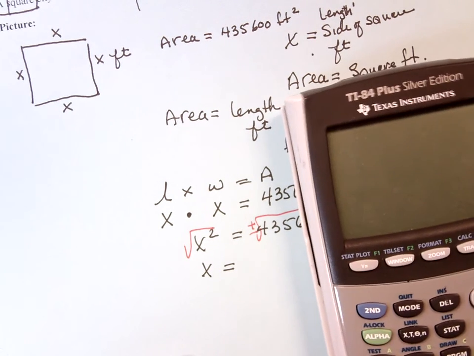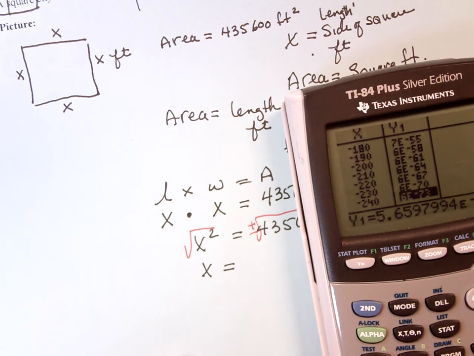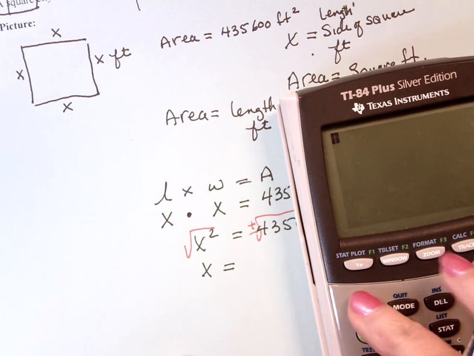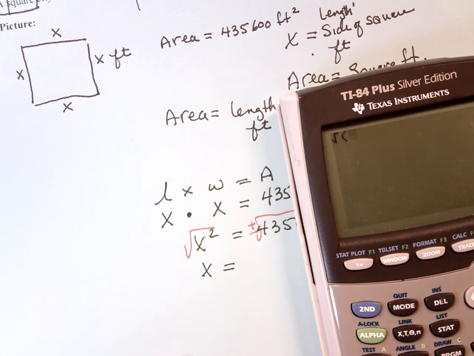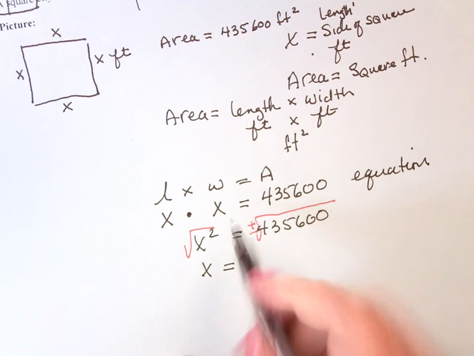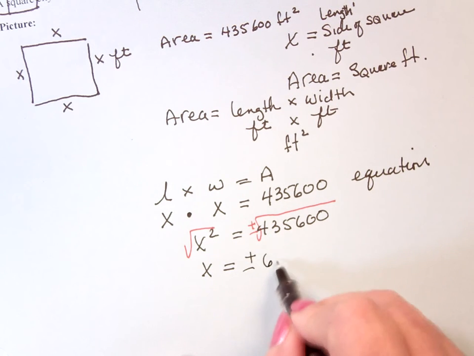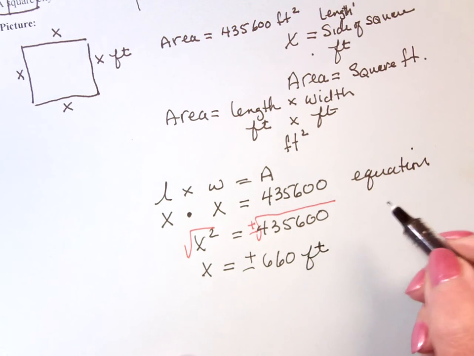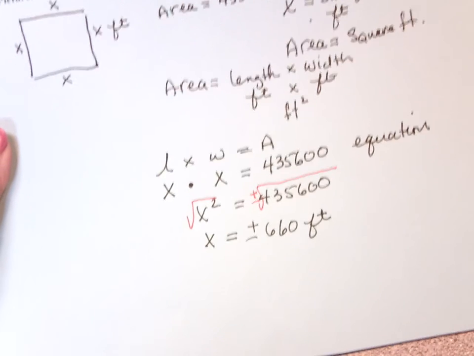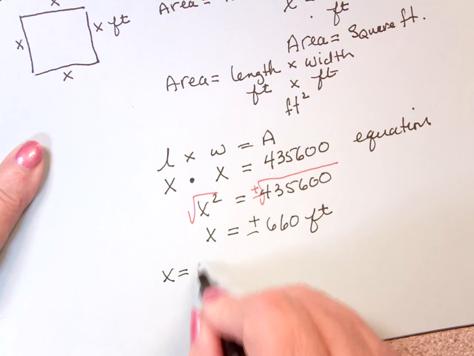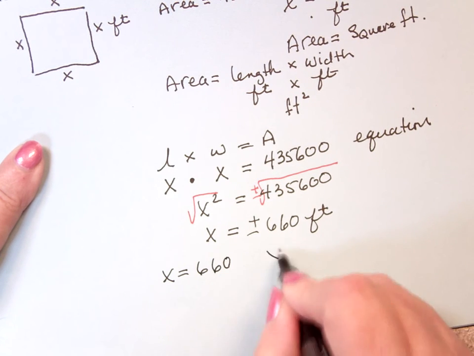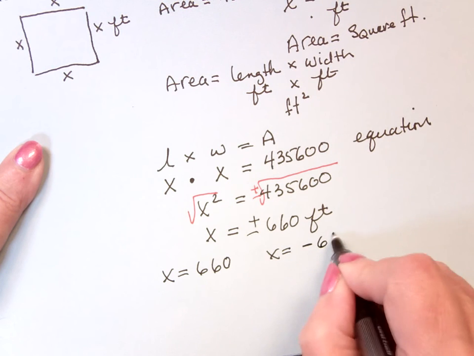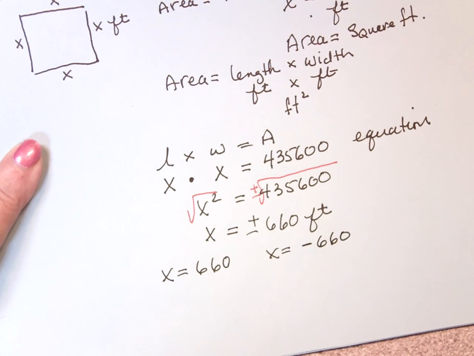So I'm going to pull my handy dandy calculator and take the square root of 435,600, and it's 660, so it's plus or minus 660 what? Feet. Well, here's the thing. We say X is 660, X is minus 660. Who doesn't need to apply for the job?